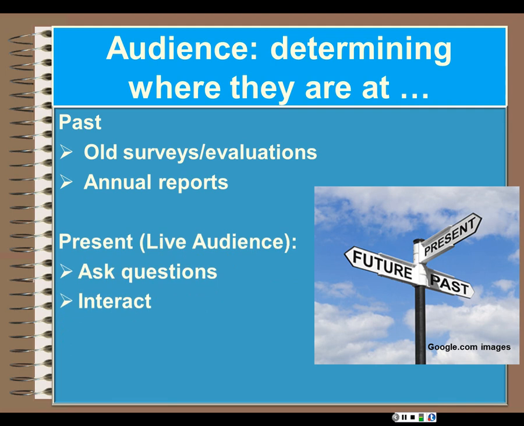The present is, of course, the live audience, and how you deal with them, especially if you're a docent, or you're training a docent, or you're the director, or you're working on an exhibit, is interesting, because with a live audience, with people right there at your museum, your archives, your historical society, you often need to be able to ask questions, not prying into their personal life, obviously, but questions that help clarify for you and them what they might be looking for.